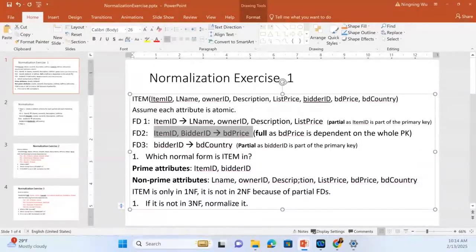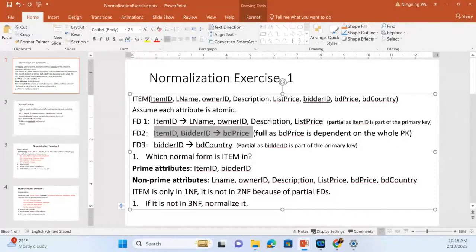Sometimes we may not have the full functional dependency specified in the question. If that is the case, then you're going to use strike. So you strike out whatever attributes appear on the dependent side of the partial functional dependency. Then the remaining will be the ones that you should include in the schema created in step 2.